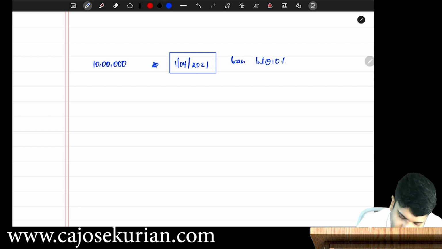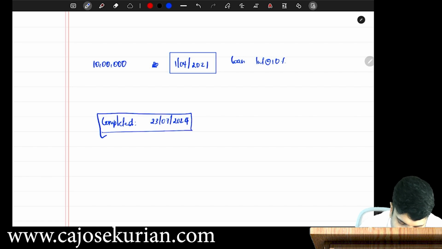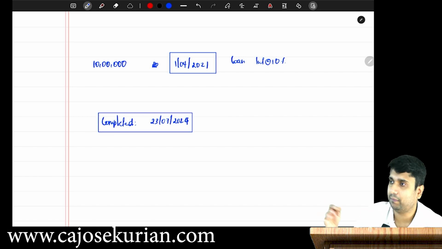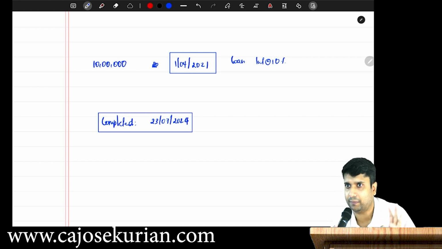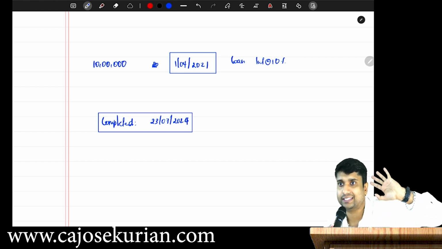My construction got completed today, 23rd July 2024, which is the completion date. Forget about principal repayment. Assume that there is no principal repayment. The principal is still 10 lakh. Nothing is repaid till now.